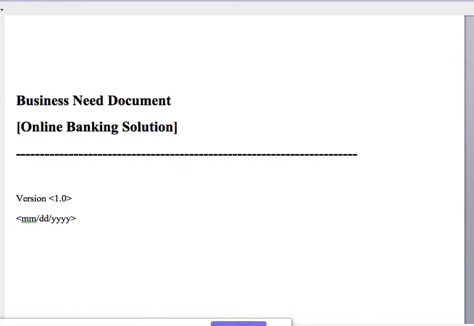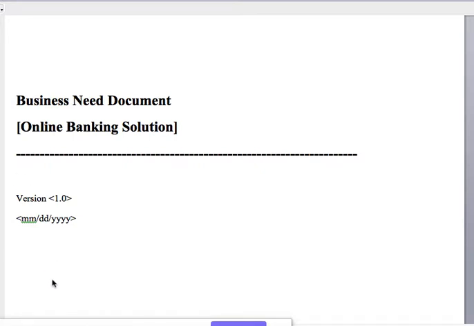So the templates are always at the end of your activity, that's your main deliverable, but before that we follow this process. Remember that process.